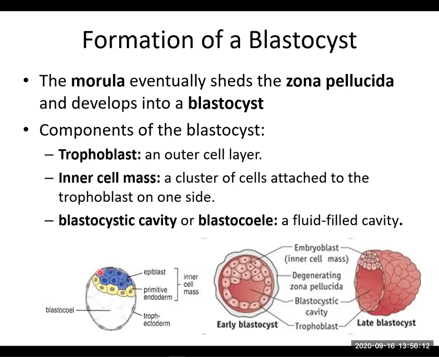The outer trophoblast will become the portion that forms the placenta, because this portion is going to interface with the uterus, the mother's side, so they will be the ones to build the placenta. The inner cell mass will be the ones to develop the fetus.